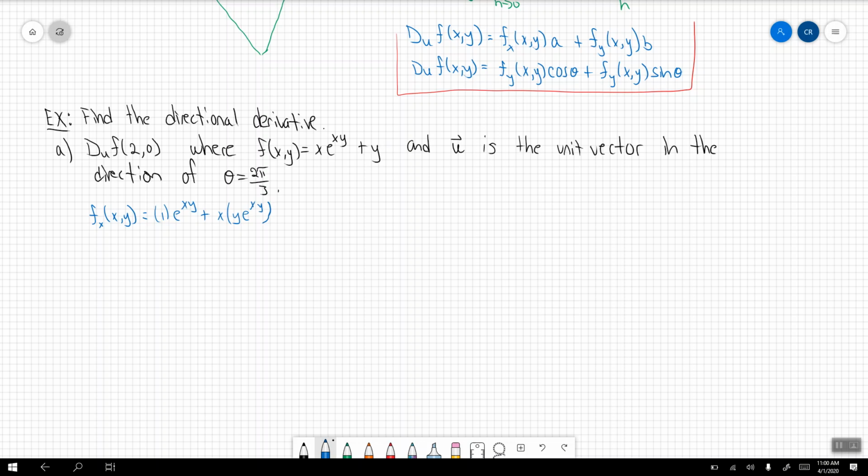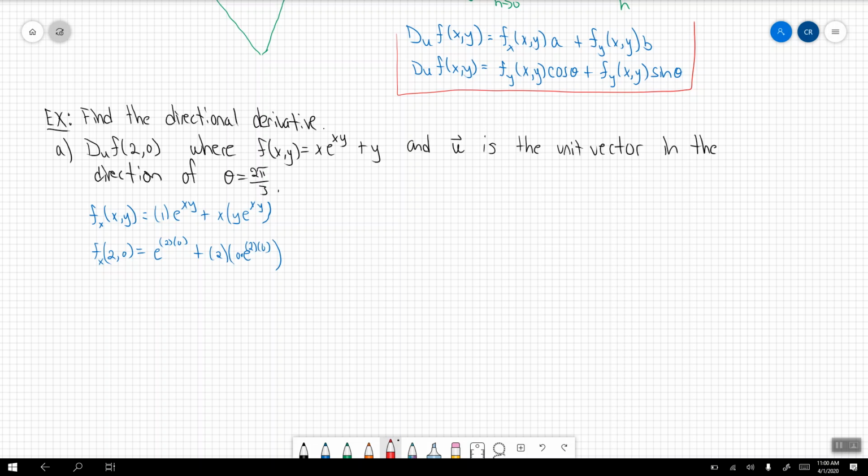Now we need to evaluate this derivative at the ordered pair (2, 0). So let's evaluate that really quick. This is going to be e to the power of 2 times 0 plus 2 times 0 times e to the power of 2 times 0.